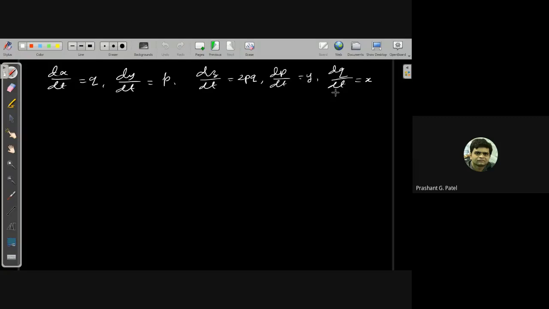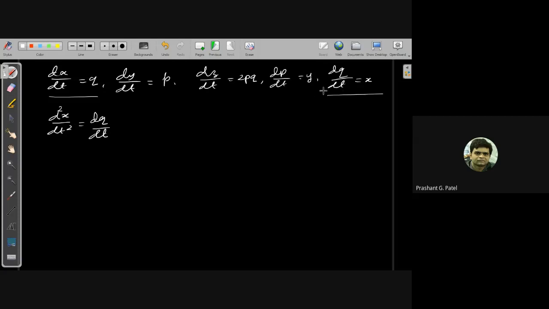You just compare this one and this one. Let us see what is happening. If I take the derivative again of this differential equation, it will give me d²x/dt² equal to dq/dt.